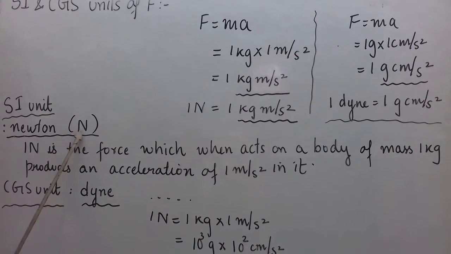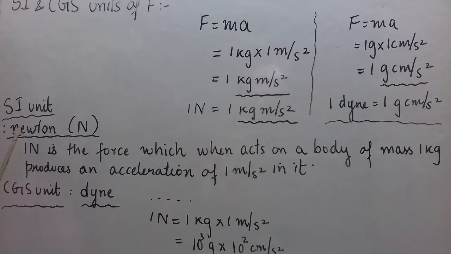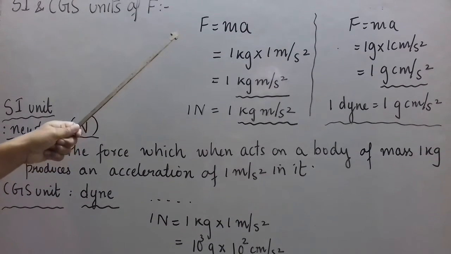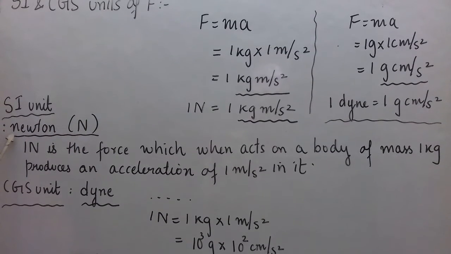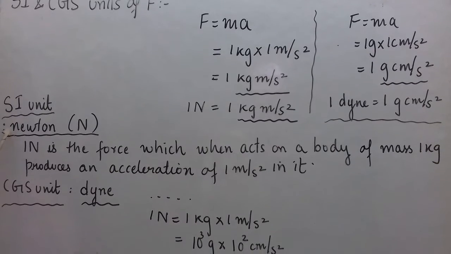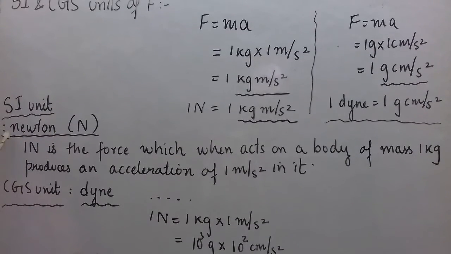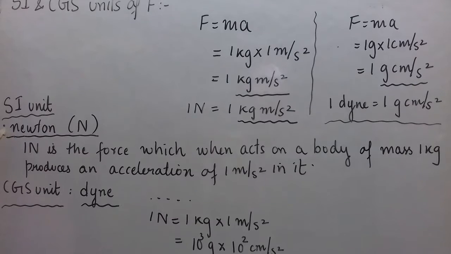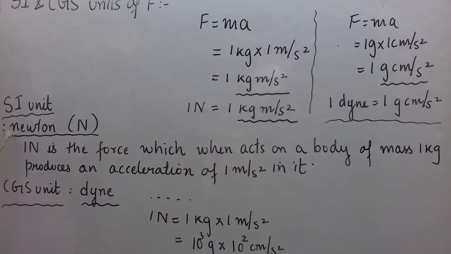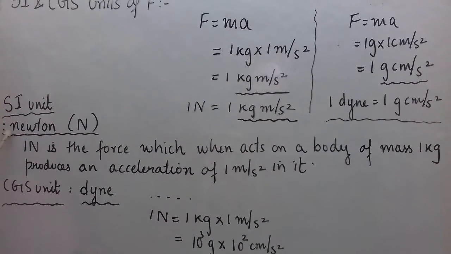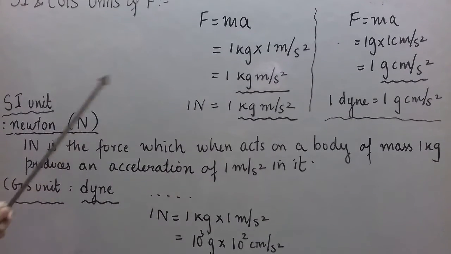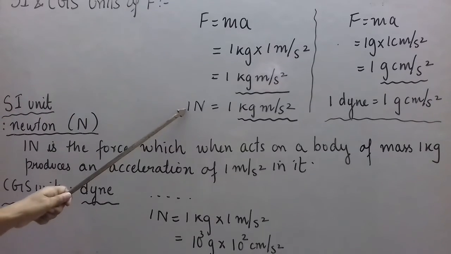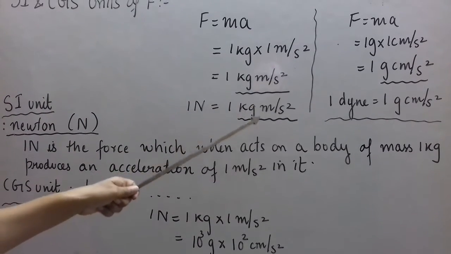Symbol is capital N. Remember, when we use this not as a scientist's name but as a unit of some physical quantity, here force, the rule is we should start it with a small letter n. Because it is actually the name of a scientist, when we use it in English it should start with capital letter N. But when it is used as a unit, it should start with a small letter.